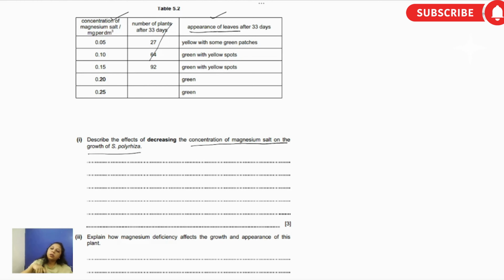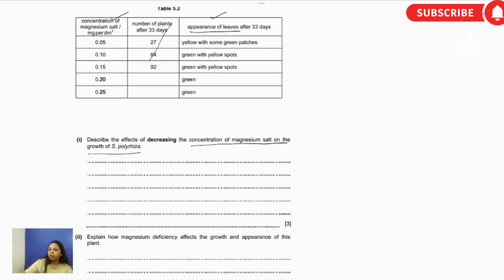For example, when 0.05 milligram per cubic decimeter of magnesium was given to the plant, there was lesser growth as there is lesser chlorophyll available. But when the concentration increases to 0.25 milligram per cubic decimeter, the plant growth would be maximum because the plant is more green and has more chlorophyll to absorb more sunlight and do photosynthesis.